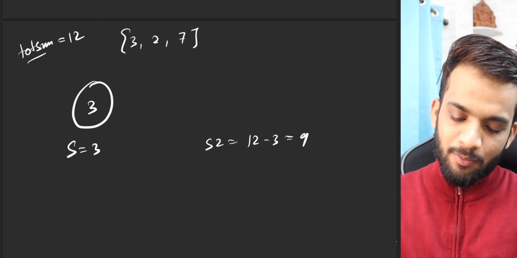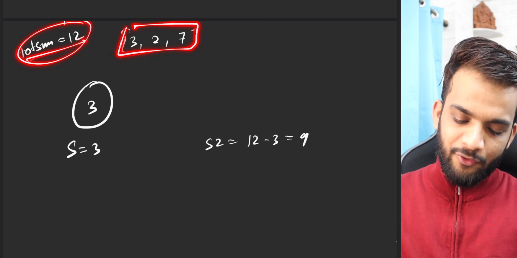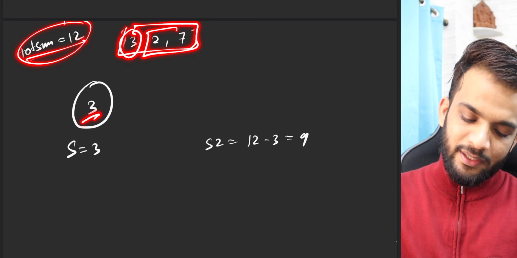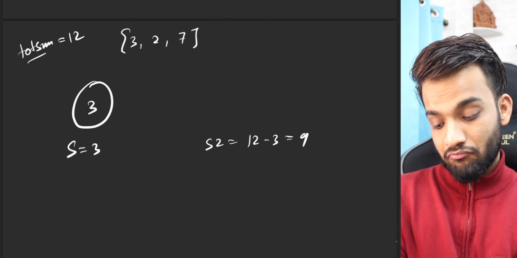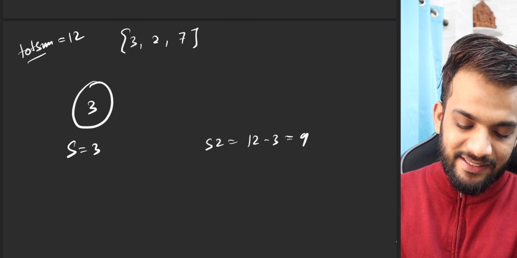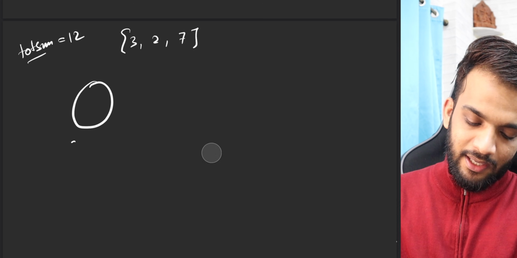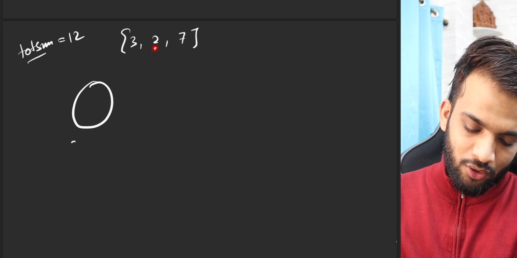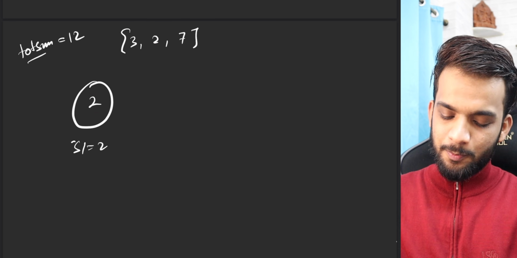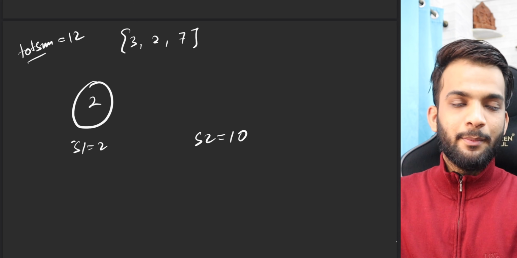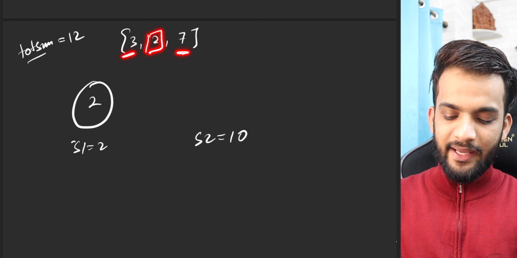Again, makes sense, because if the total summation is 12, which is all the elements, and you take out 3, the remaining elements will be nothing but 12 minus 3. So you get the sum of S2 easily. Can I also say that if I take just 2, then S1 will be 2, and the next partition will have a summation of 10, because if I take 2, the other guys will be in the next partition.